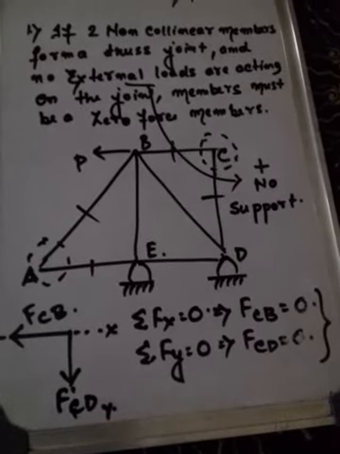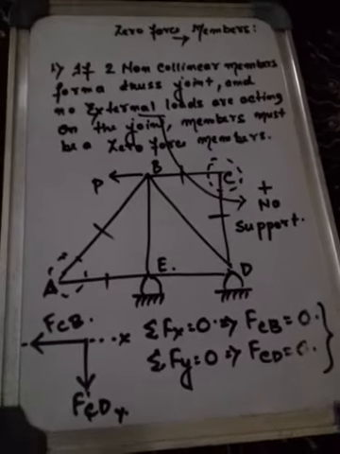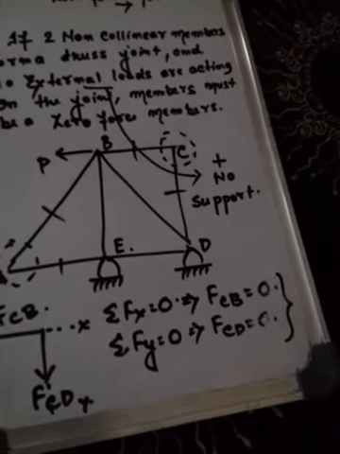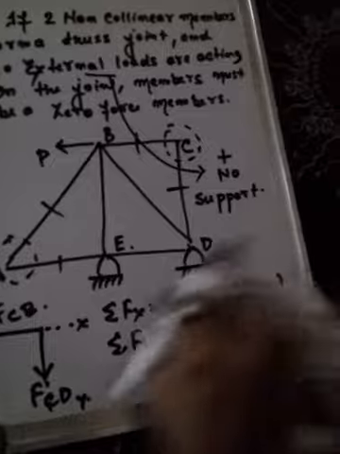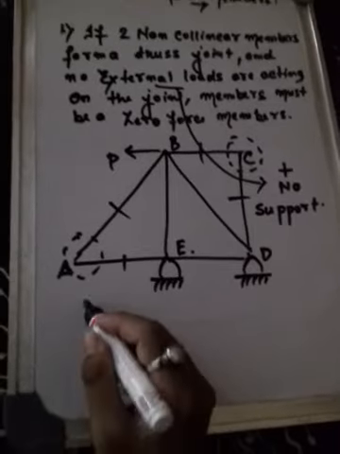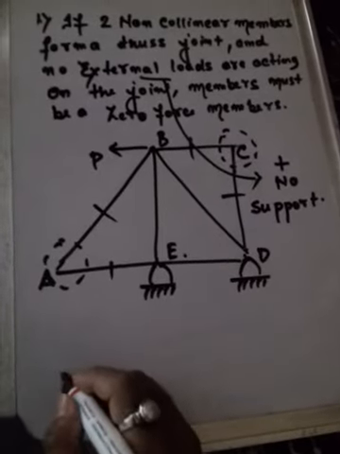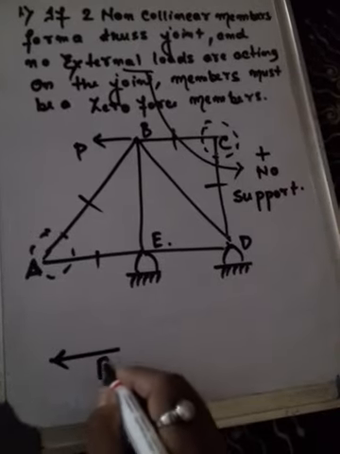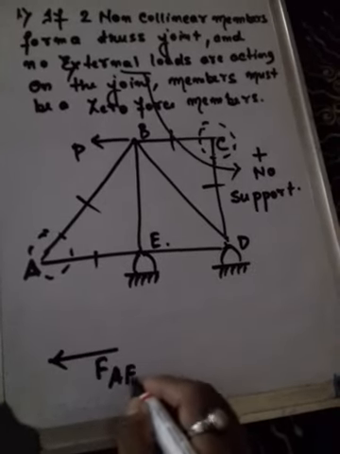Okay, so we have seen joint C. You can see joint A as well. So we'll just quickly show you joint A. If you draw the FBD of joint A, it is something like this. This is joint A. This is AE.